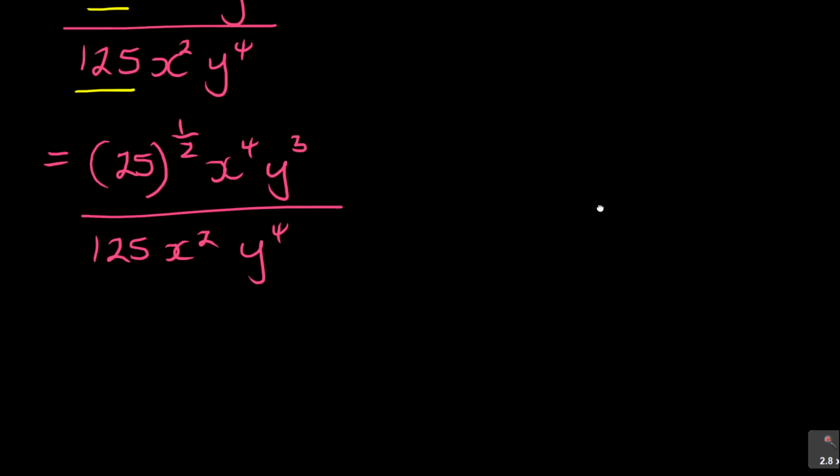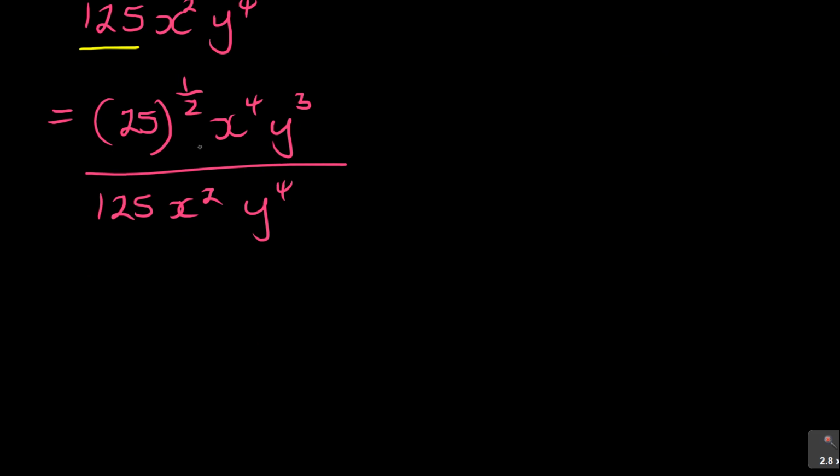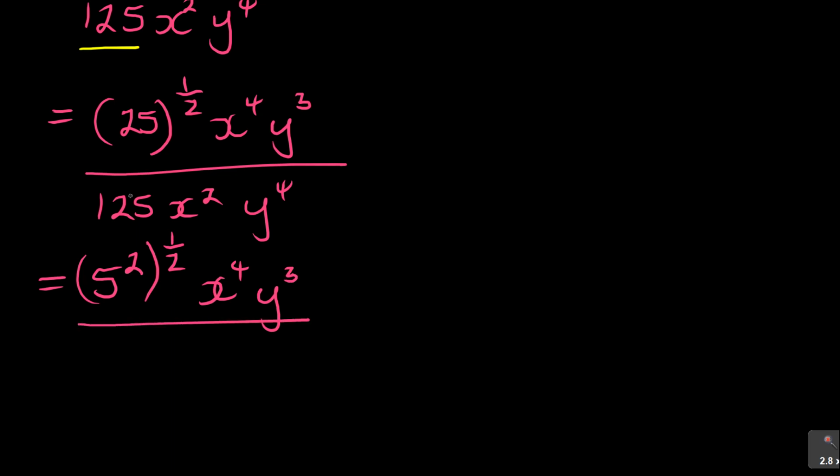Remember, square root of 25 is 5, but using laws of exponents, you ask yourself, why 25? 25 is 5 squared. You see, bracket 1 over 2, x to the power 4, y cubed over, what about 125? Use your calculator again. It's 5 to the power of 3, x squared, y to the power 4.